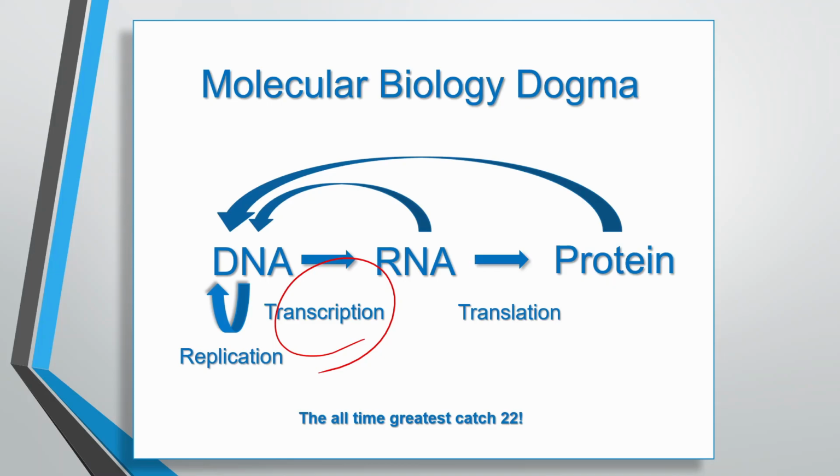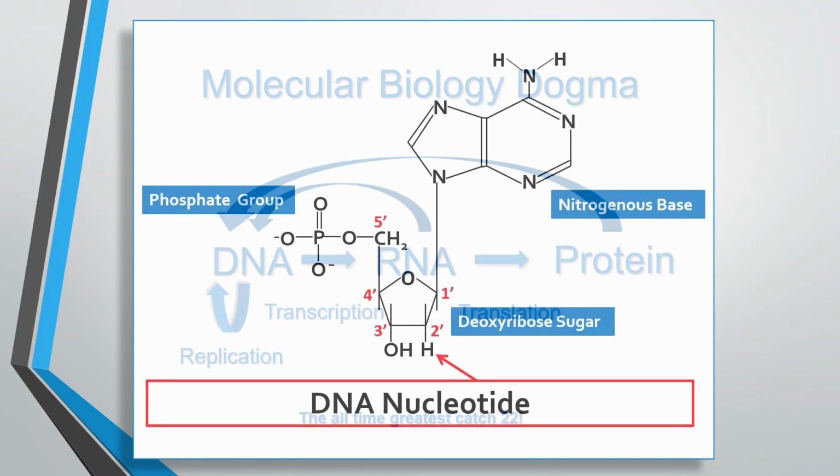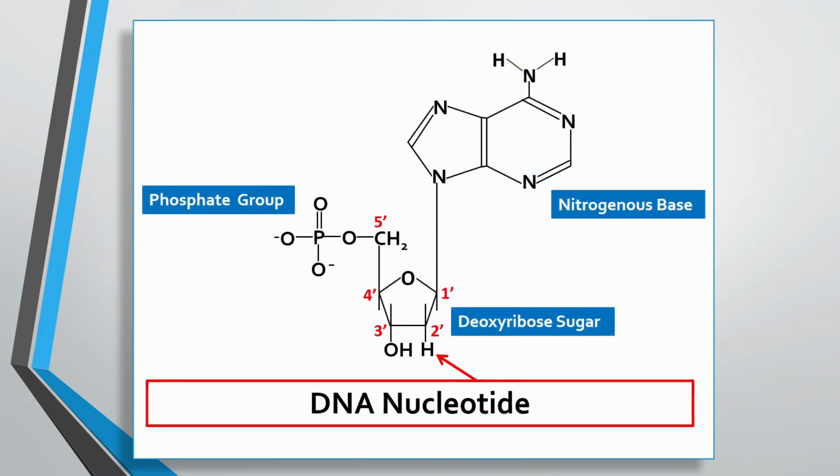RNA is a nucleic acid just like DNA, but RNA nucleotides utilize ribose instead of 2' deoxyribose. So let me show you this again. Here is a DNA nucleotide with the 2' deoxyribose sugar, which, like we talked about before, has no O. There's no O at that 2' position right there.